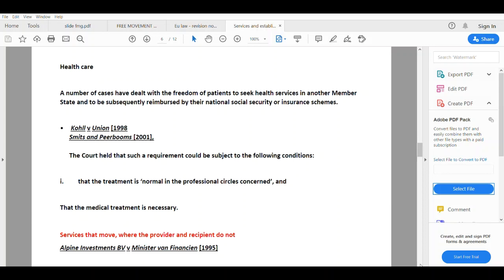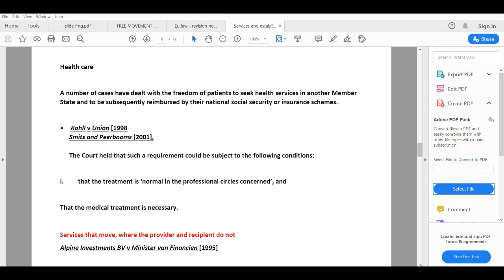In this regard, in Kohll versus Union, the European Court of Justice held that the requirement for prior authorization as a prerequisite for reimbursement was contrary to Article 56 of the TFEU. However, such a requirement could be justified if there was a risk of seriously undermining the financial balance of the social security system and if it was proportionate.